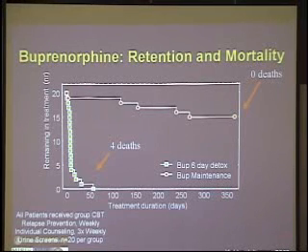The arm that had detox, no one was retained in the study after 1 to 2 months or 50 days. Those in maintenance therapy were maintained through the course of 1 year, and did fairly well in terms of retention in treatment. And oh, by the way, those people that were randomized to detoxification, there were 4 deaths in that arm. Very significant, a very powerful statement that detox doesn't work, that maintenance therapy might be more effective.